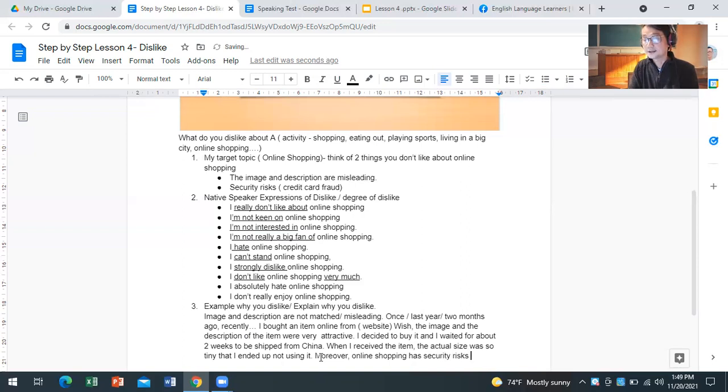What does that mean? It means that they can use your credit card. When you put in your credit card information, your name, address, the credit card number, people online can take that information and use your credit card. That's called credit card fraud.